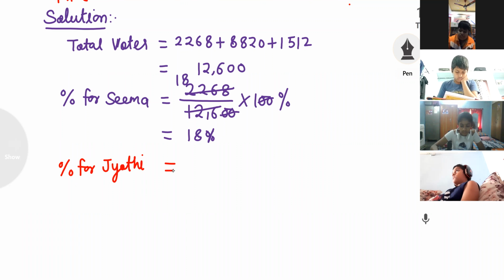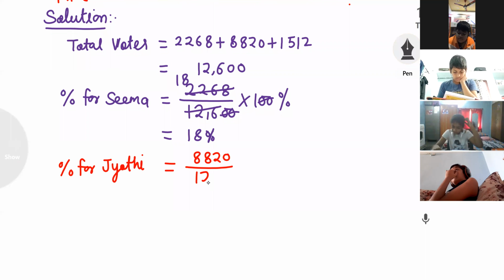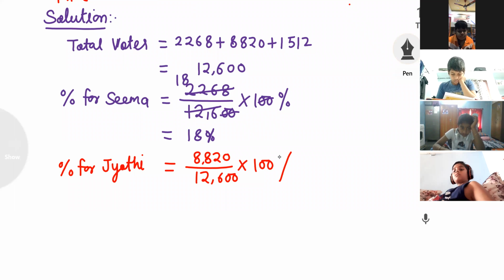Jyoti got 8,820 votes out of 12,600 votes into 100 percentage. This 20, 20 cancel. 120, 127, 882, 70. Jyoti received 70% of the votes.